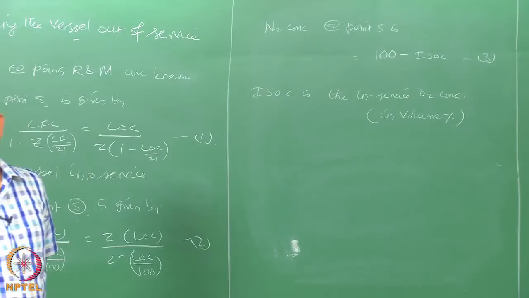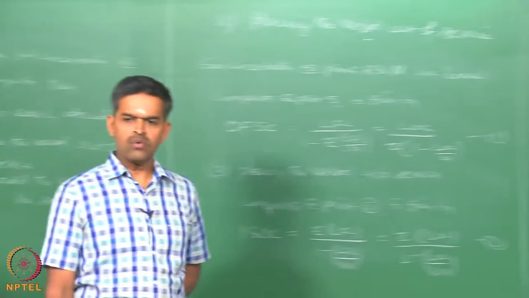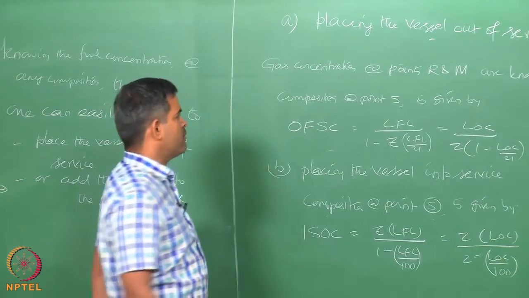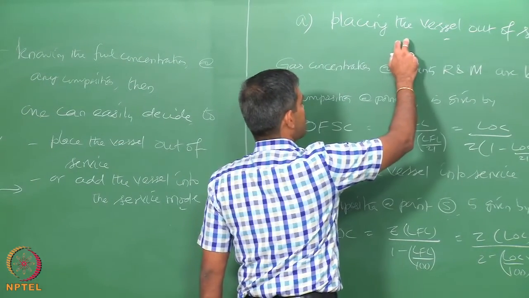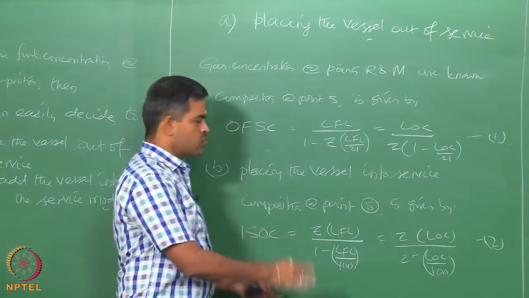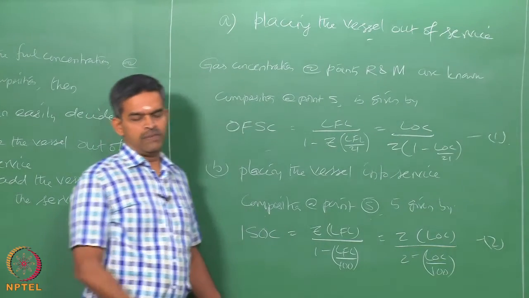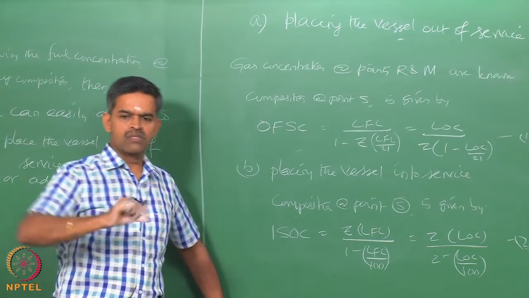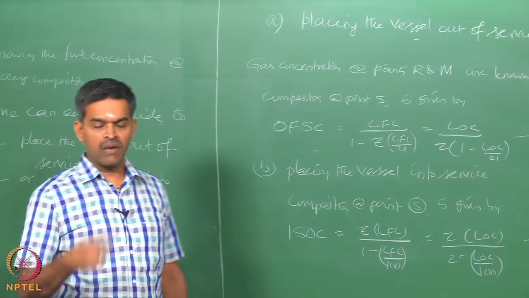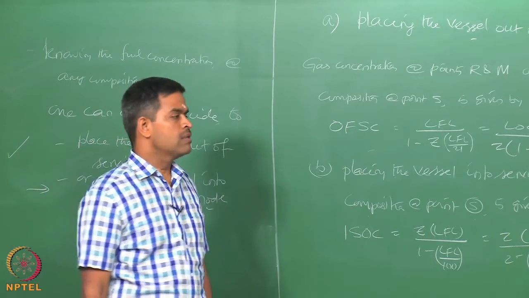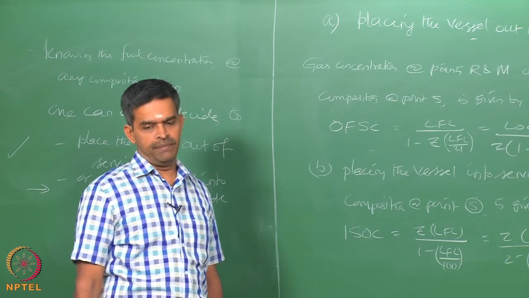So, the second set of methods we saw just now shows how to use the flammability diagram intelligently to decide whether the vessel should be kept out of service, or the vessel can be used back in service. By changing the fuel concentration or the mixture concentration, one can always try to bring the mixture down into a non flammable region, therefore explosion can be avoided.